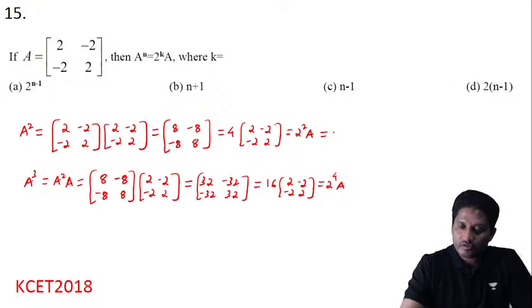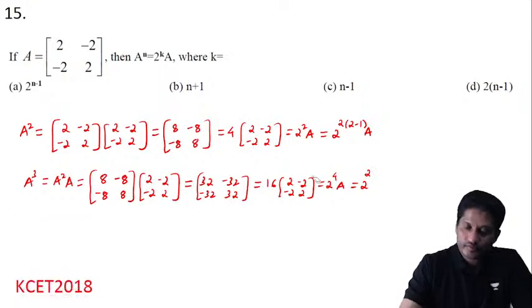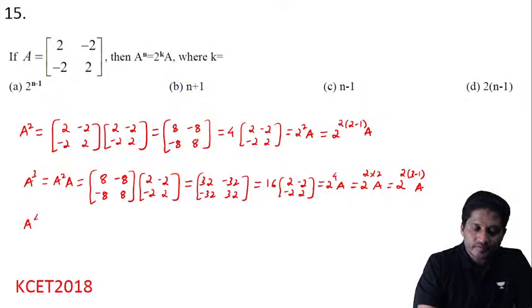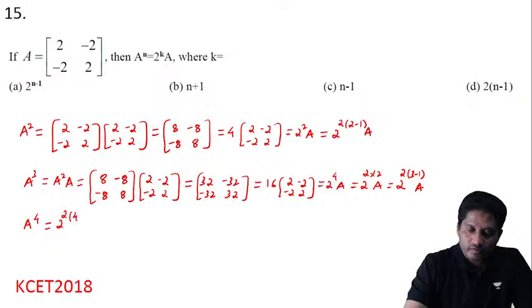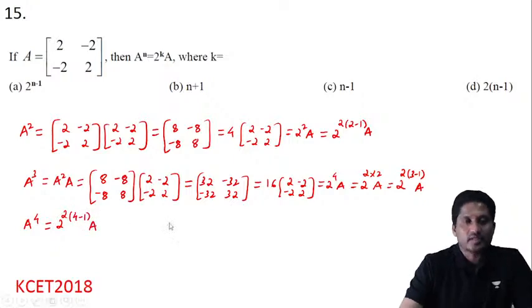Right, now this can be written as 2 to the power of 2 into 2 minus 1, into A, right? Similarly, A cube can be written as 2 to the power of 2 into 3 minus 1, into A. Similarly, A power 4 will be 2 to the power of 2 into 4 minus 1, into A. So on this will continue.